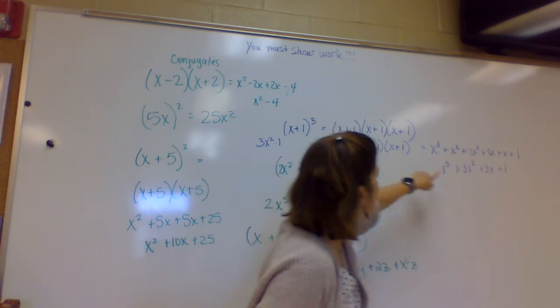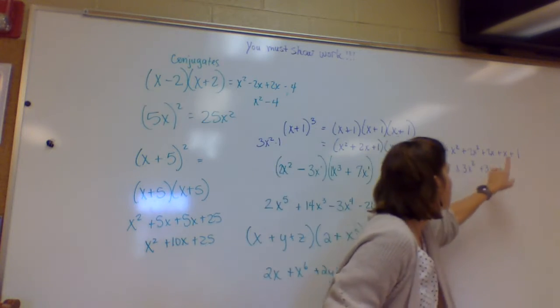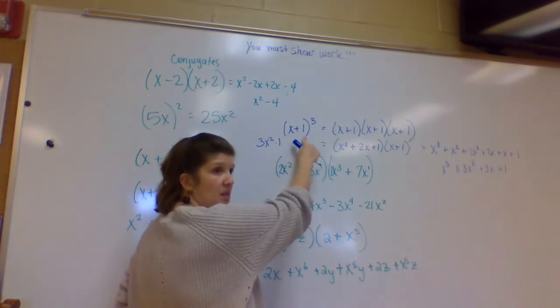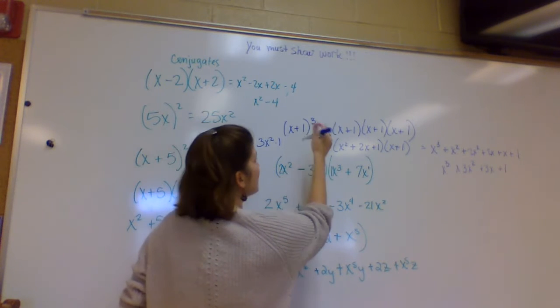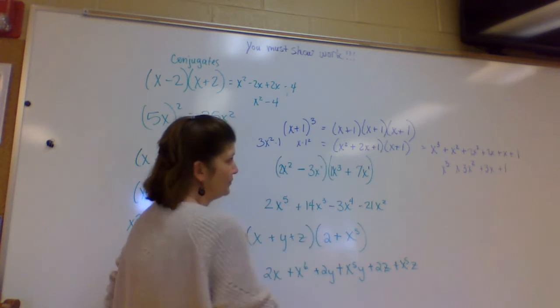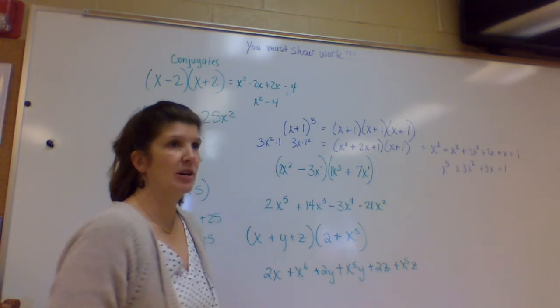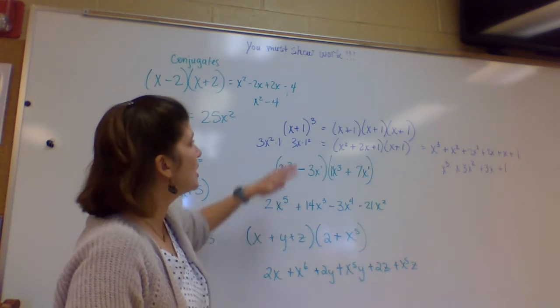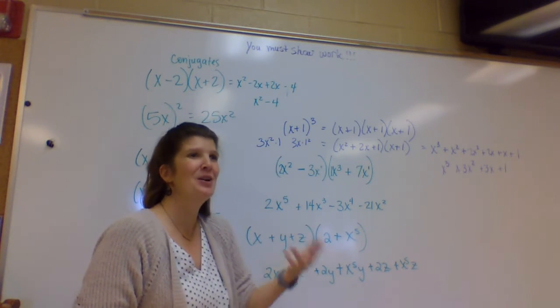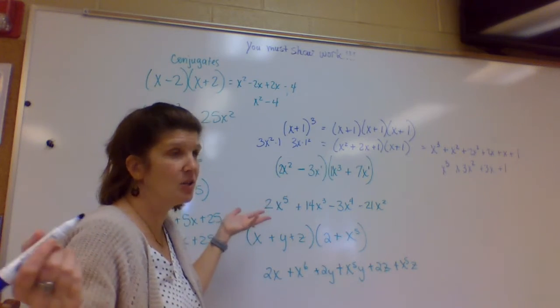So cube the first thing, cube the last thing, and then these two kind of take turns. So see how I squared this one, but I kept this one the same? The next time, you keep this one the same, and you square the second one. Times 3 again, sorry. So there's a shortcut if you're cubing something. To be honest, that doesn't come up that often. But just in case you would like to learn a little shortcut.